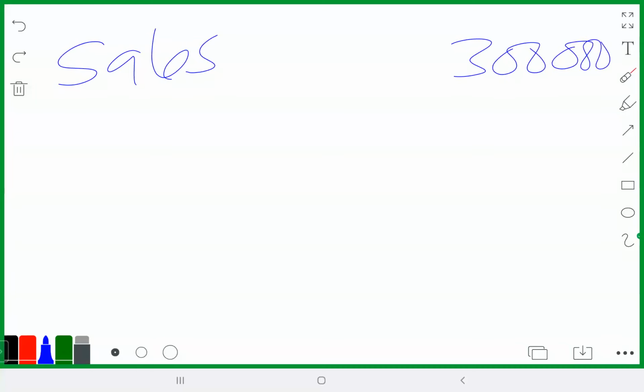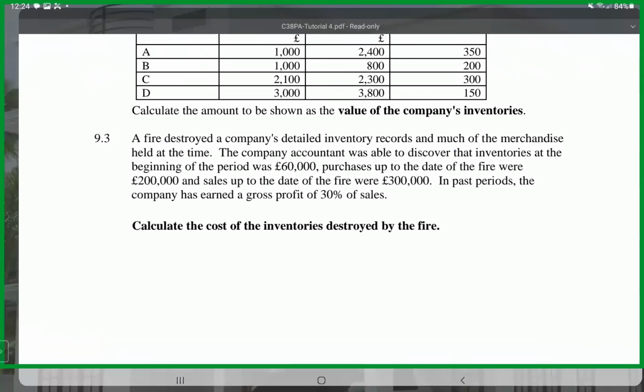We need to use our knowledge of the simple statement of profit and loss. So we are told that the sales to the date of the fire were 300,000 pounds, isn't it? Those were the sales. That is what the question says.